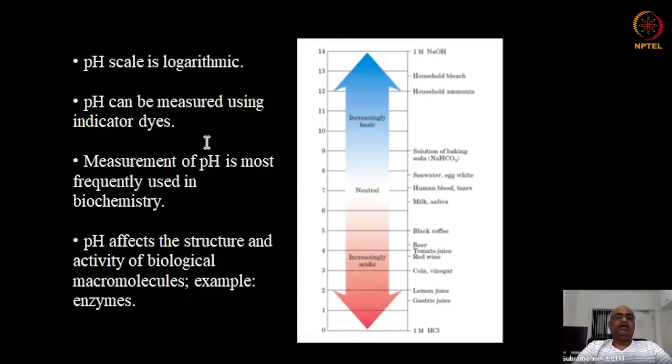Okay. So therefore pH is very, very central in biochemistry. So the hydrogen ion concentration significantly affects the structure and activity of biological molecules. A good example are enzymes. So that is why the pH is very critical for us.